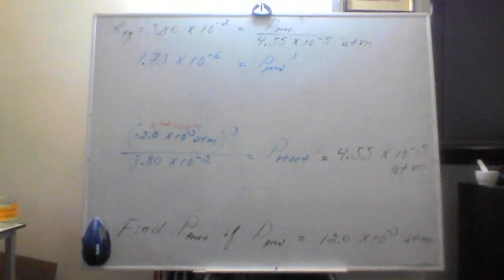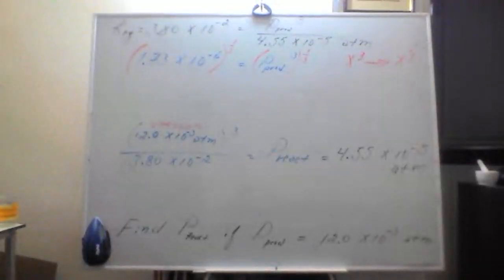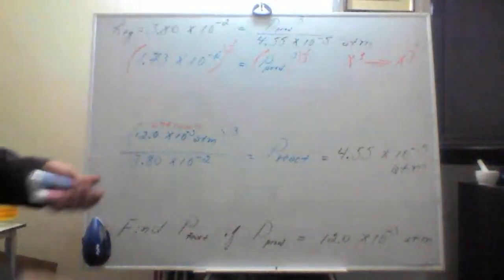Now, and we get the same thing. 1.2 times 10 to the minus 2, which is 12.0 times 10 to the minus 3.